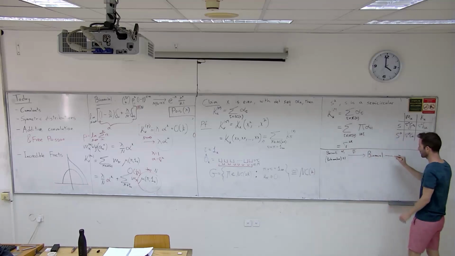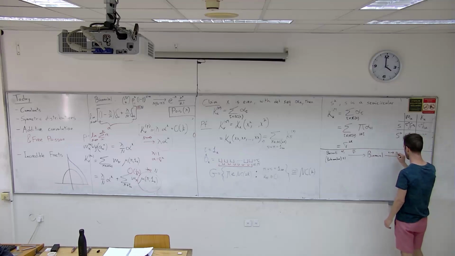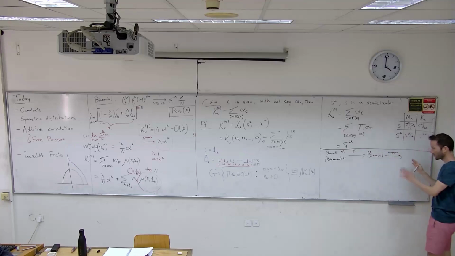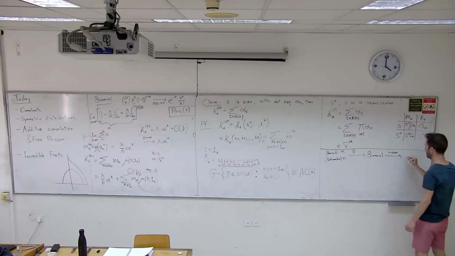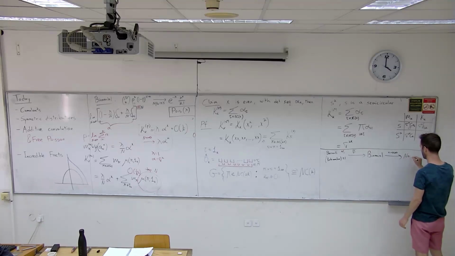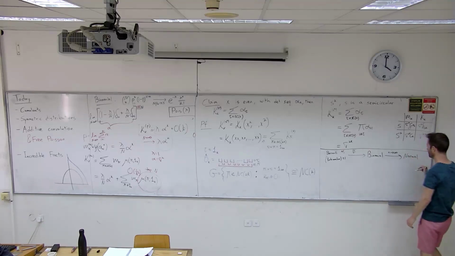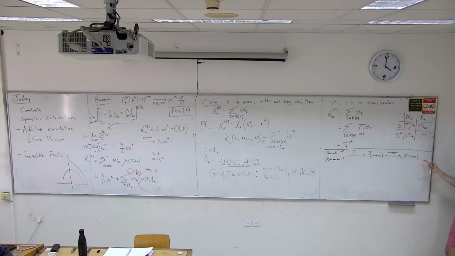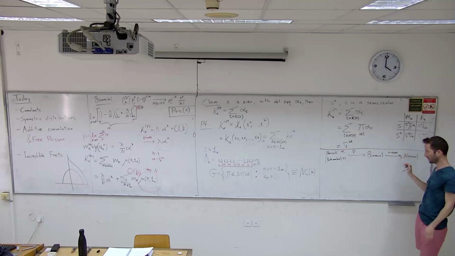And when we take n to infinity, up to scaling and centering, we get the normal, the Gaussian distribution. This is in the classical independent case.